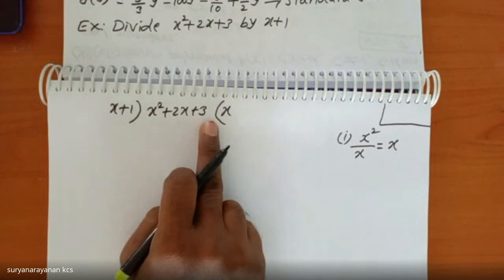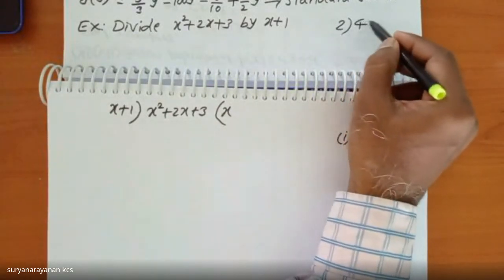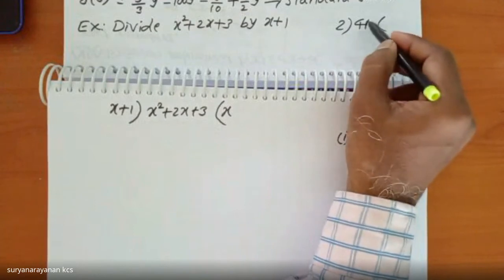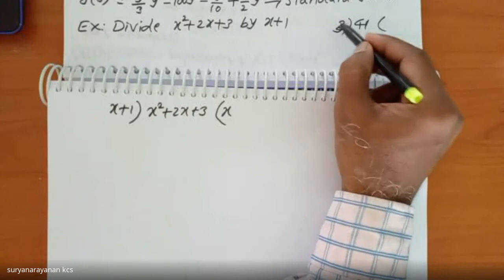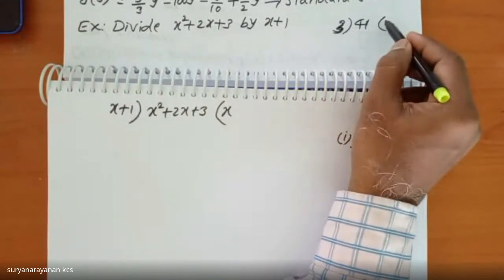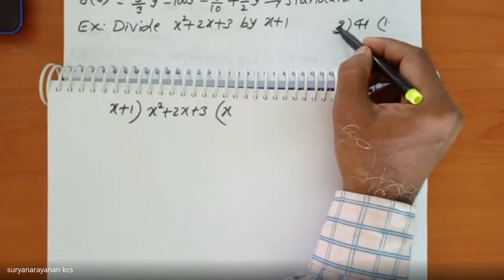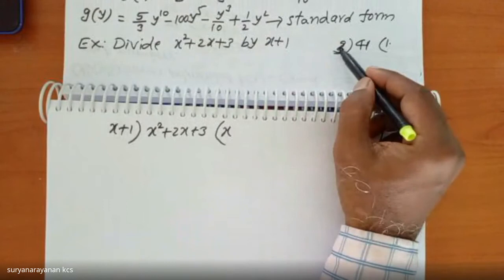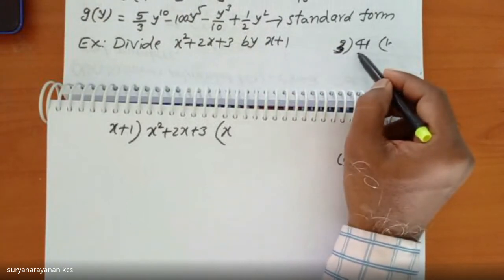Do you know long division? Suppose 3, 41. How do you write? 3 ones. 3 into 1. We multiply this number into this number, and after multiplying these two, we write the result here in the long division.